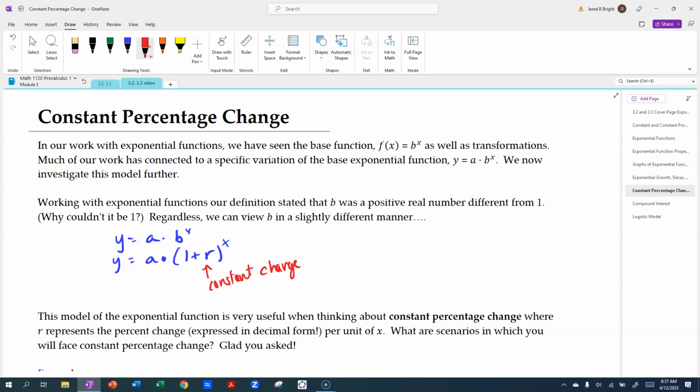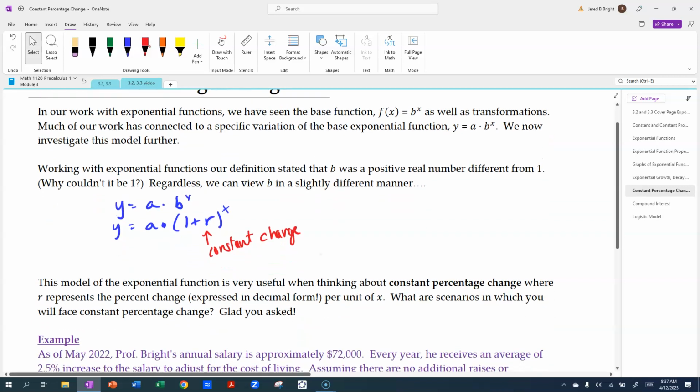And so whatever we're changing by, we can represent that by this r amount, okay? As I mentioned, it is a change amount, but typically when we encounter scenarios where we use this variation, we talk about it as the percent change. So we're increasing by 2%, 5%, 22%, or decreasing by that amount too.